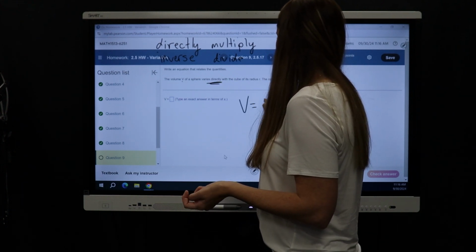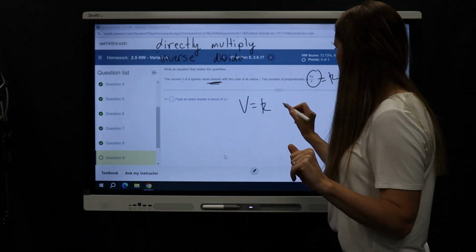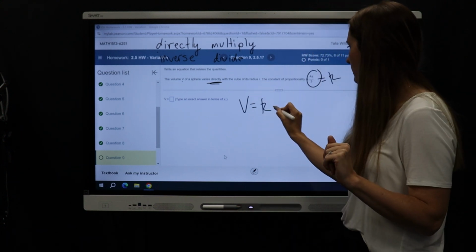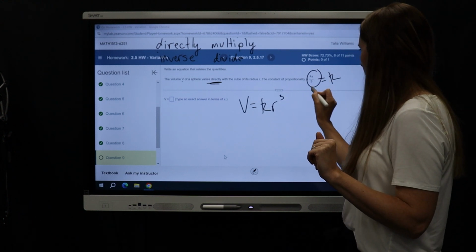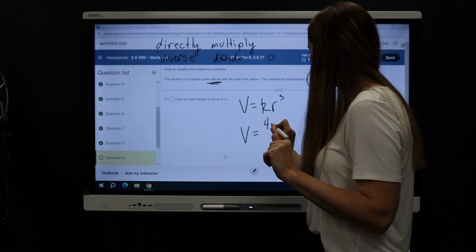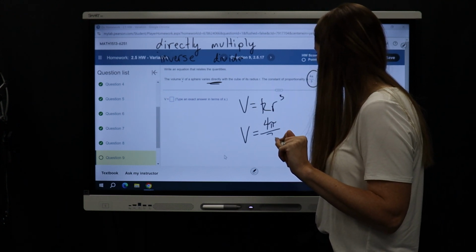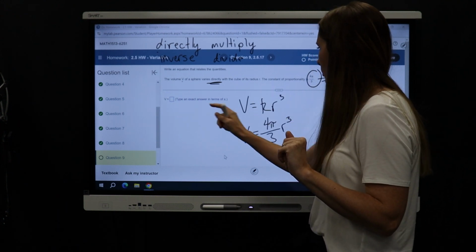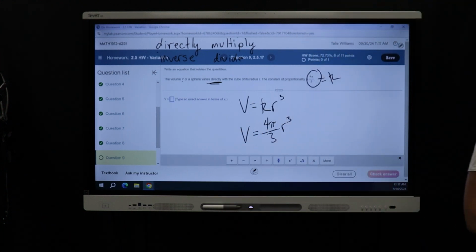So V equals K, direct it's multiplying, cube of its radius R cubed, and then K is 4π/3, so V equals 4π/3 R cubed. Or we need π/3, click over R to the 3rd power.